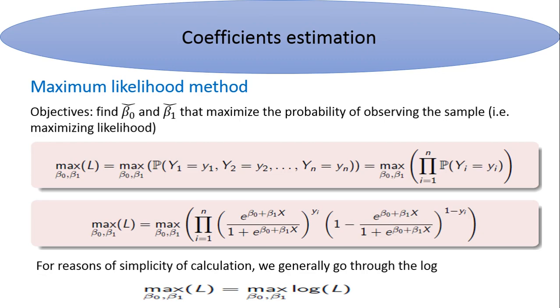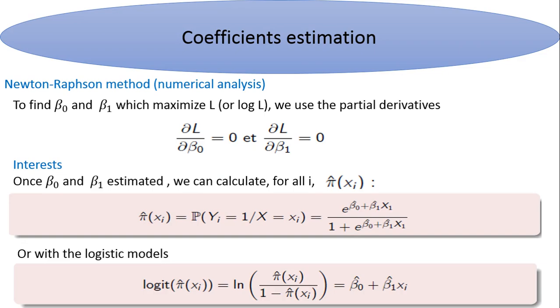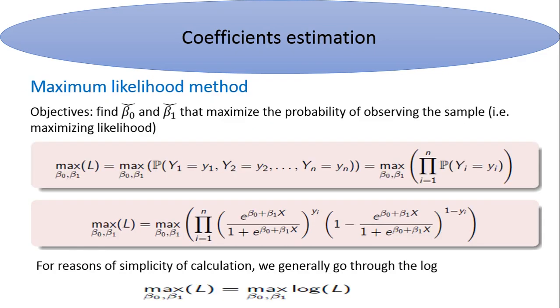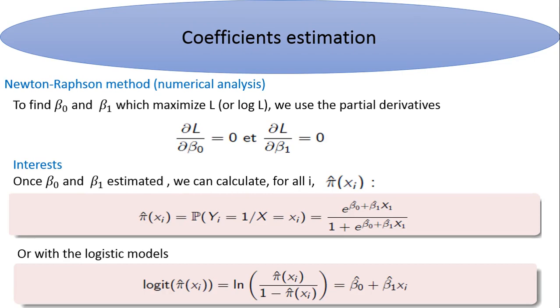For the sake of simplicity, we will just compute the maximum of the logarithm of our likelihood function, which is the same as the maximum of the likelihood, given that when we calculate the logarithm of our likelihood, we have a function that is very easy to manipulate. To find the maximum of the log of our likelihood function, we use a numeric method called Newton-Raphson in order to search for beta 0 and beta 1 that maximize our likelihood.